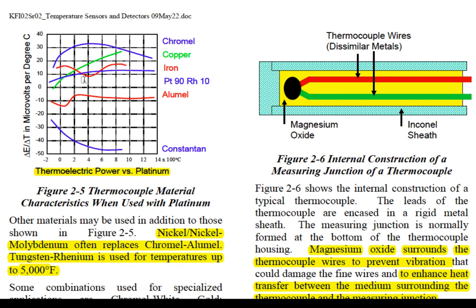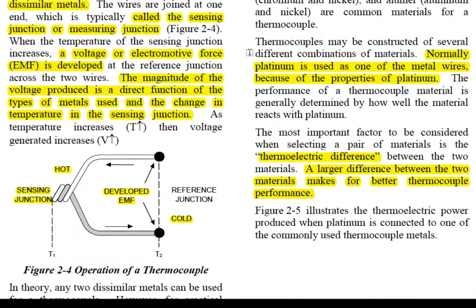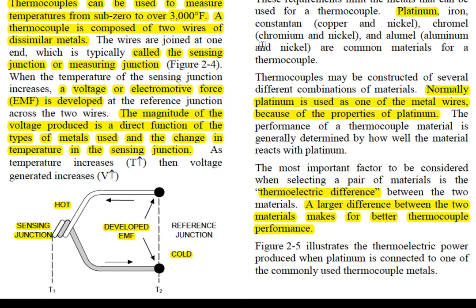Wow, what a change. Not very consistent in terms of voltage for iron. I'm going to scratch iron off. It's not very good. Let's take a look at constantan. Remember, you come back up here. What is that stuff that was made out of? Here it is, copper and nickel.